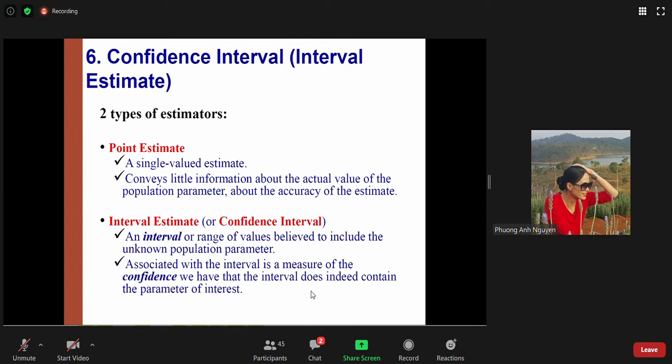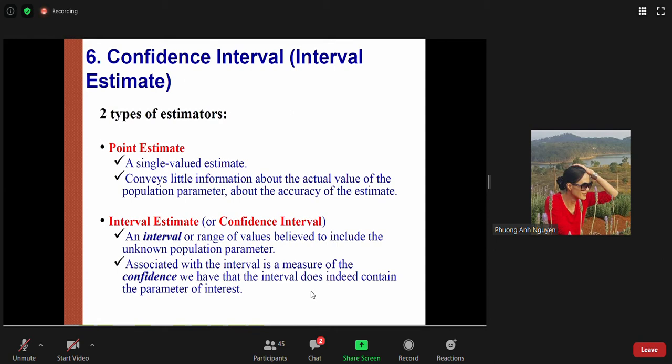Now in inferential statistics, the two main sub areas are confidence intervals and hypothesis testing.